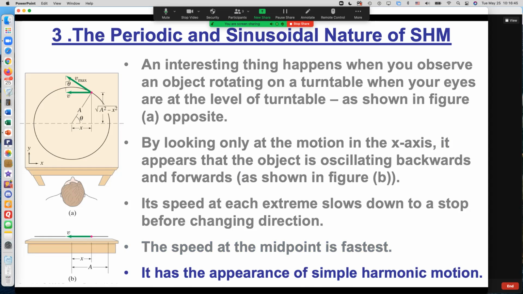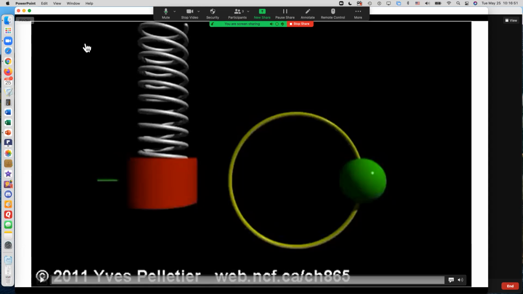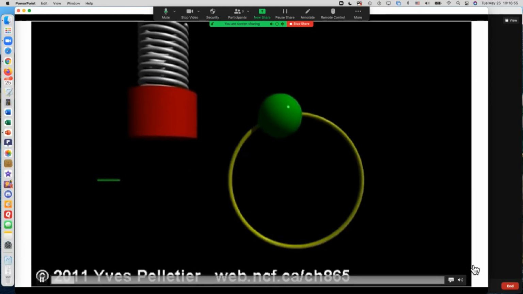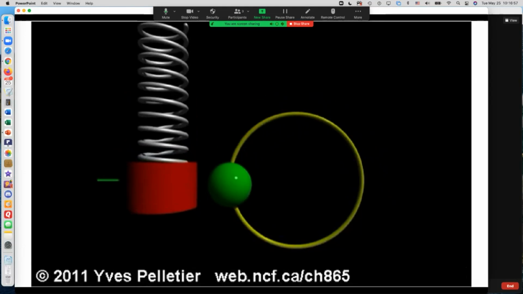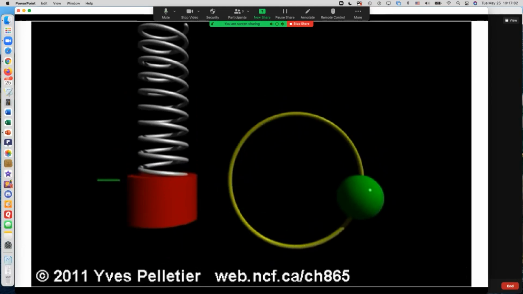Why is this important? Well, I'll get to that in a second, but the first thing we're going to do is watch this. This is a simulation of what you just saw here, but for something moving up and down.